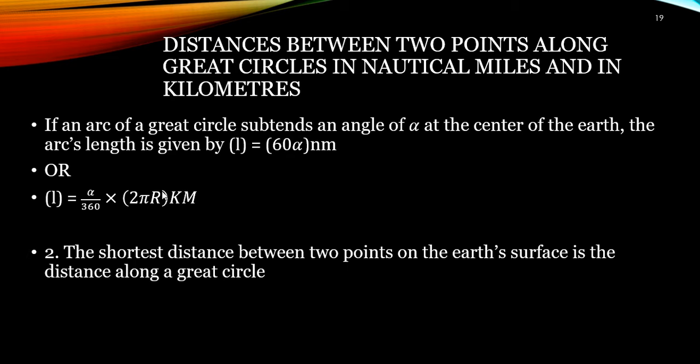And remember, the r we are dealing with when we talk of great circles is the radius of the Earth. The shortest distance between 2 points on the Earth's surface is the distance along a great circle.